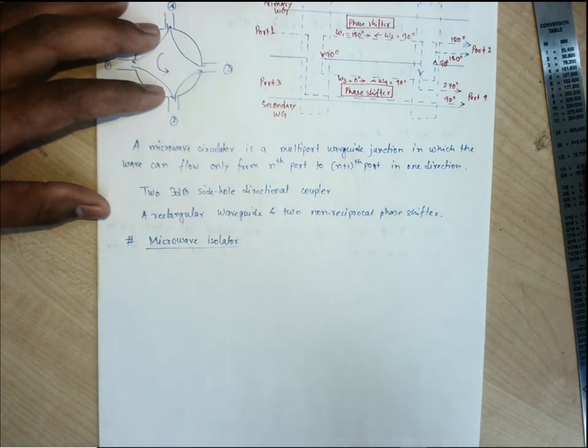Most obviously, the backward wave exists due to certain reflection. This reflection will occur if there is a certain mismatch. Due to impedance mismatch there may be certain reflection.